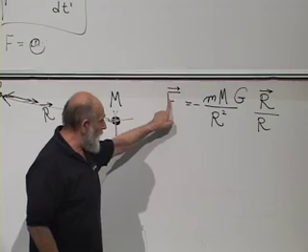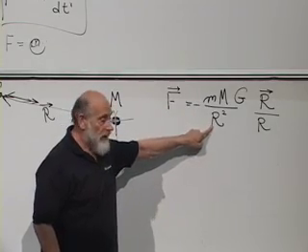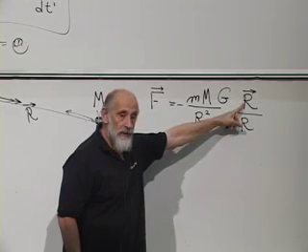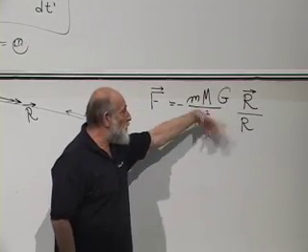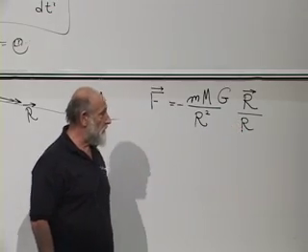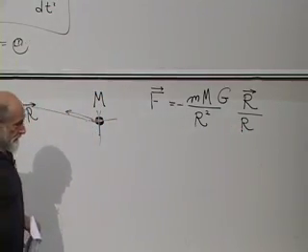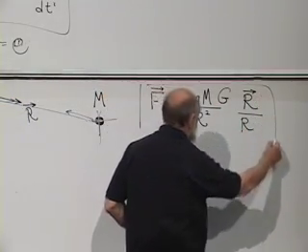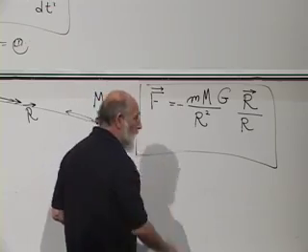The magnitude of the force is 1 over r squared. If I were to just randomly multiply it by r, that would make the magnitude bigger by a factor of r, so I have to divide it by the magnitude of r. This is Newton's force law expressed in vector form.